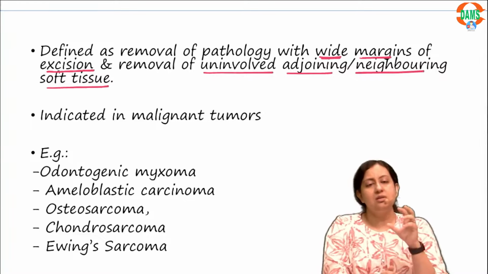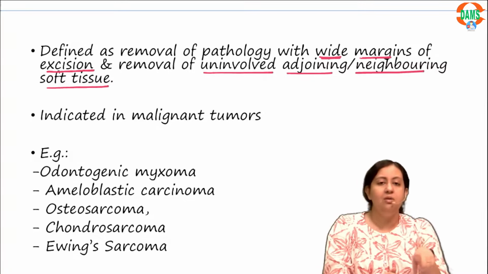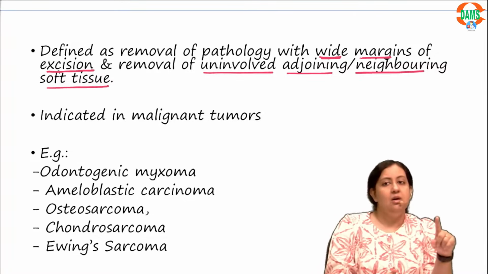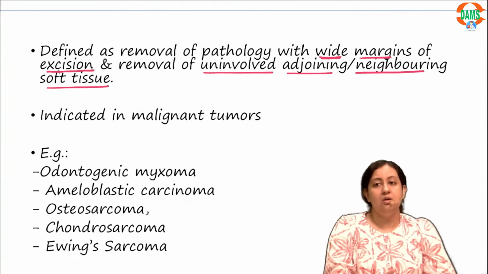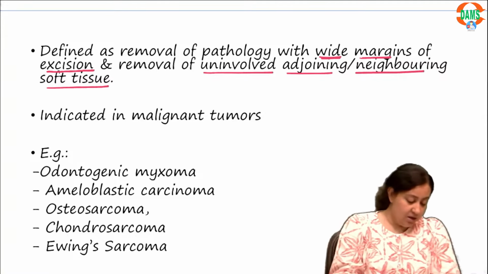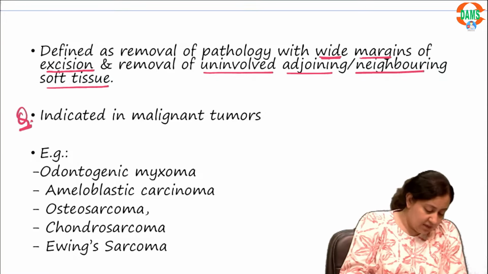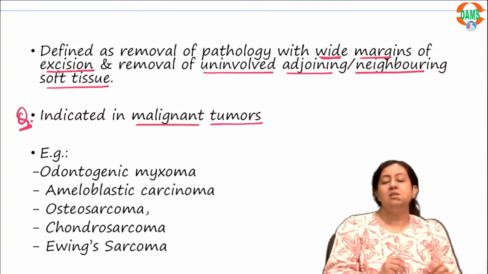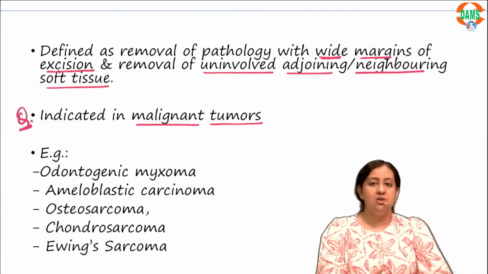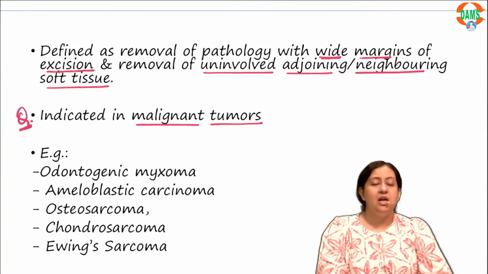Even though the surrounding soft tissue is uninvolved, you will still remove it or include it in your resection. Very important, this is indicated in malignant tumors where there is a very high chance of spread.